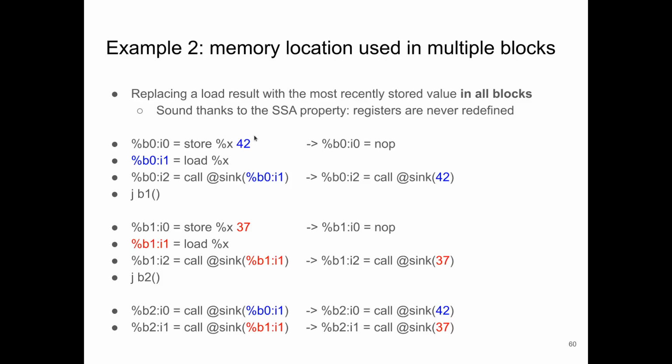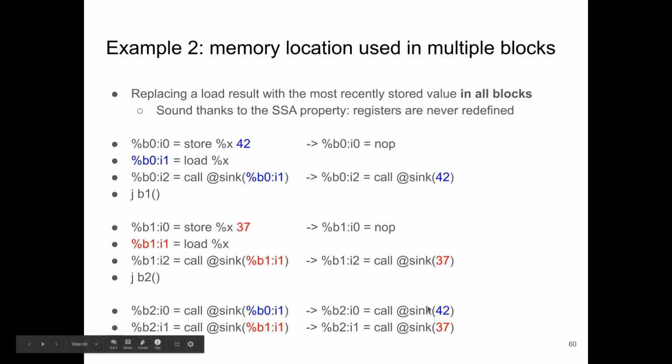And here we can see that the most recently stored value is 42. And here it is loaded. So as a result, block B0's first instruction should be 42 here. So we are replacing all occurrences of this B0 colon I1 with 42. This is replaced with this, and this is replaced with this.